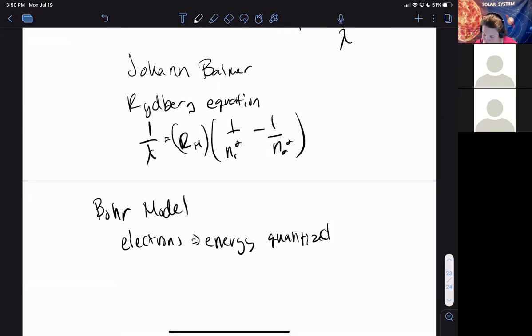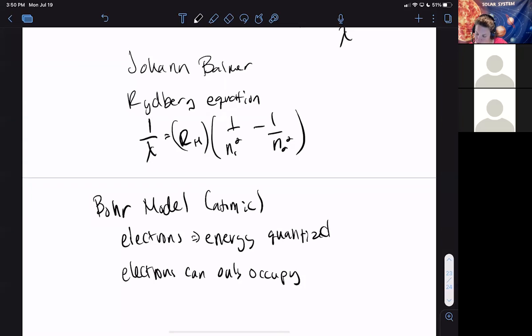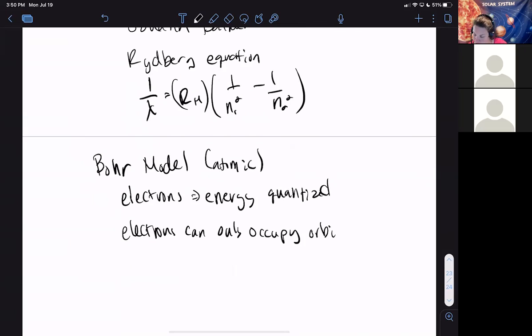This is the atomic model, sorry, I should have said that. Electrons can only occupy orbits of specific radii, which equates to a specific energy.